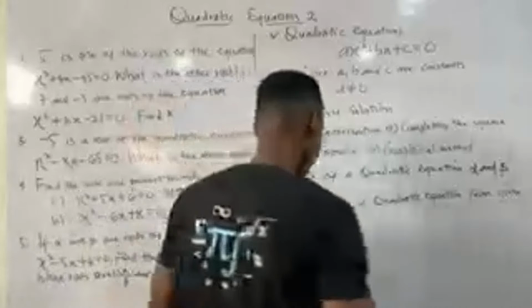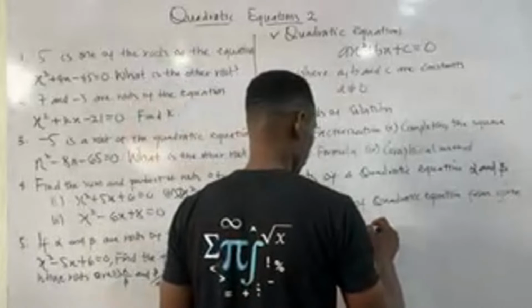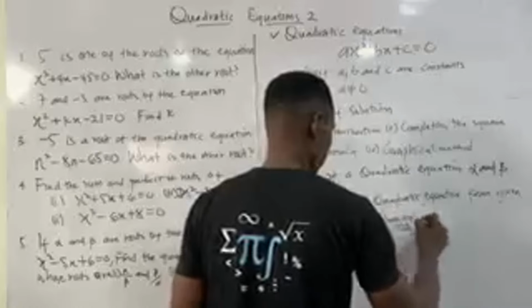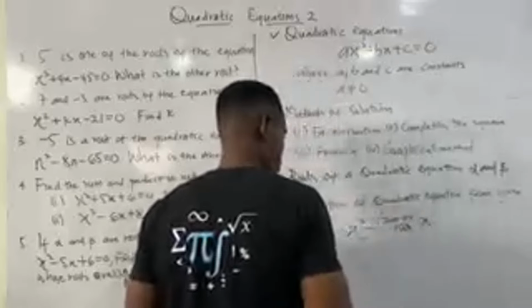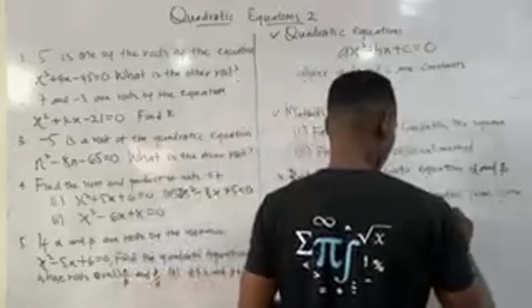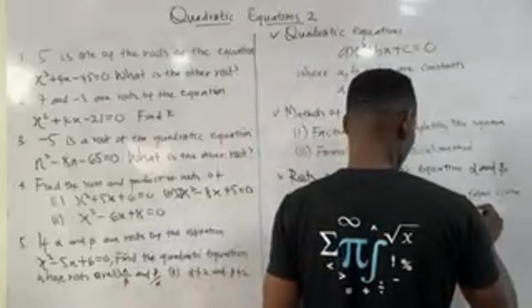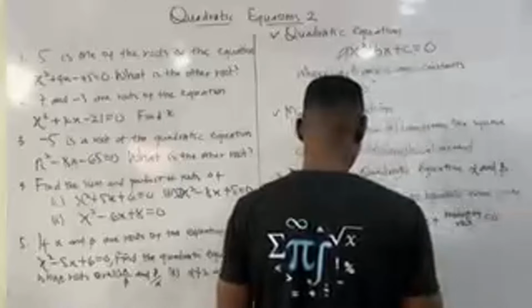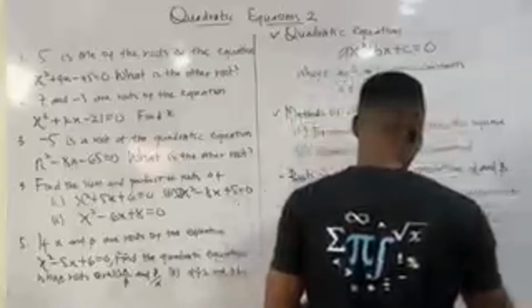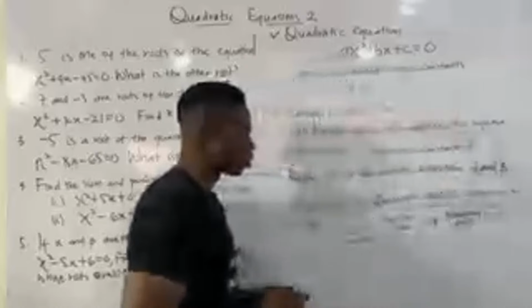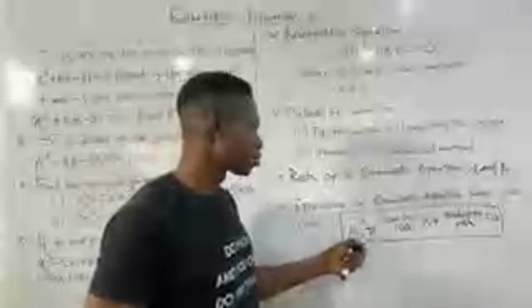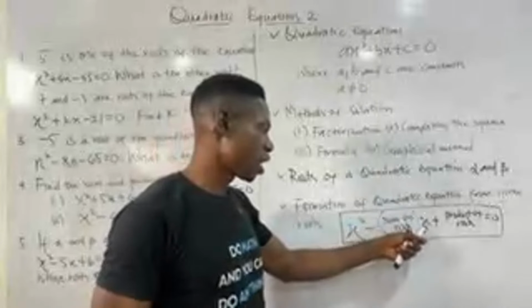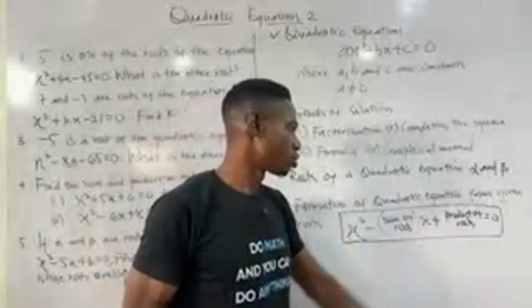We use this formula: x² minus the sum of roots times x, plus the product of roots, equals 0.